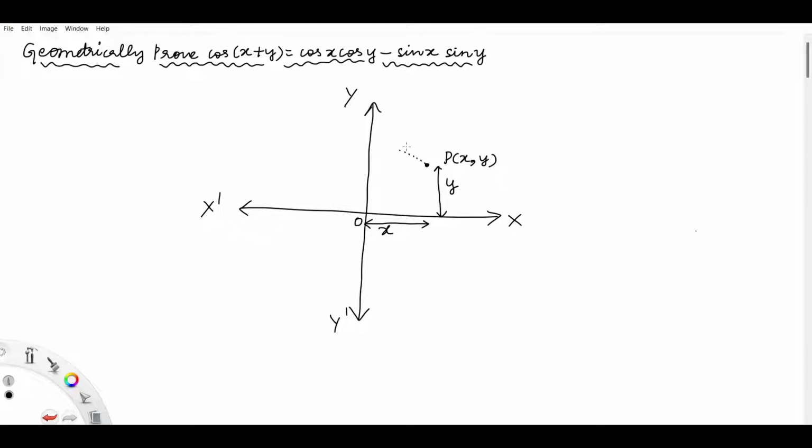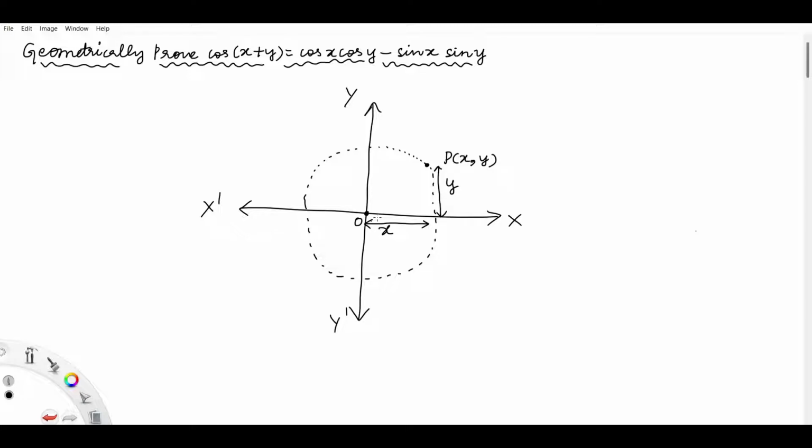Now I am going to consider that a circle is passing through this point. If a circle is passing through this point, then let us call the center the origin itself. So the center of the circle and the origin of the coordinate axis meet at one point.